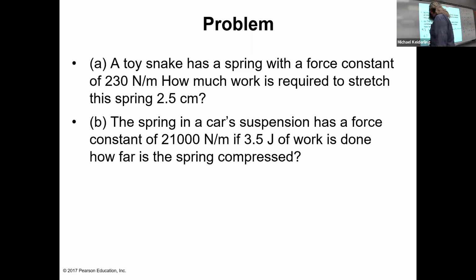And for part B, we have a spring in a car suspension that has a force constant of 21,000 newtons per meter. If 3.5 joules of work is done on it, how far is it compressed? Yeah, you're solving for x now.